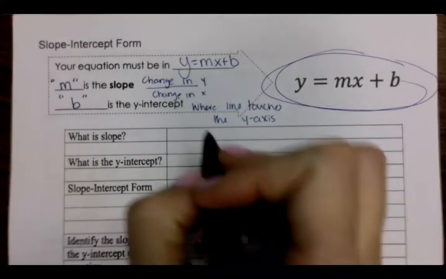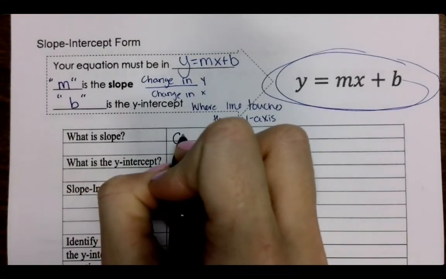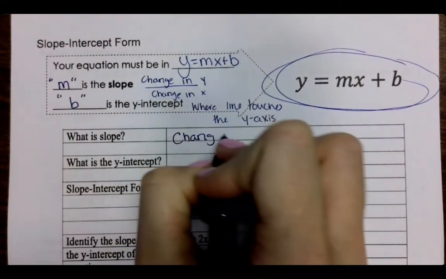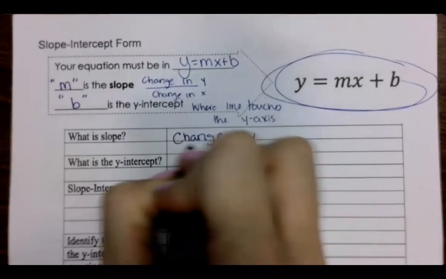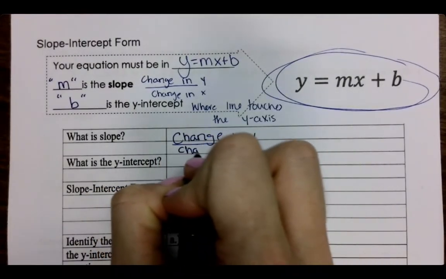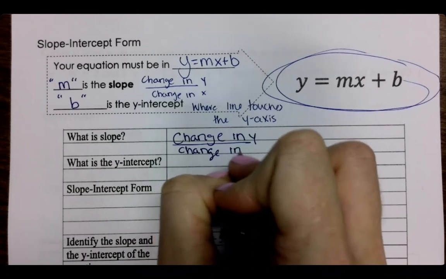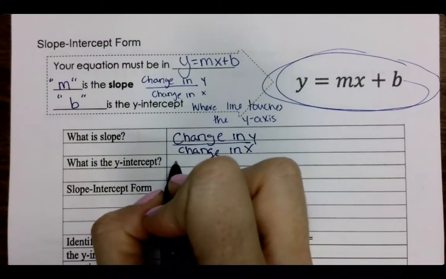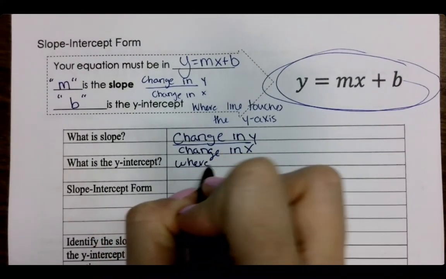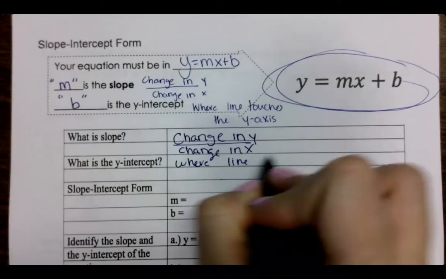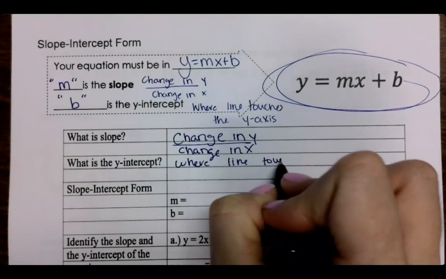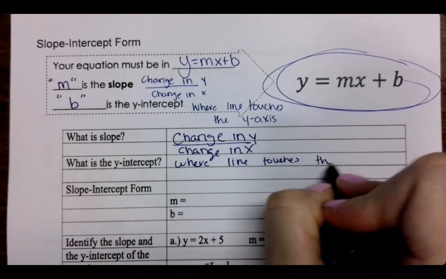So again, the slope is change in y over change in x. And then the y-intercept is where the line, or the graph that you plotted, touches, goes through the y-axis.